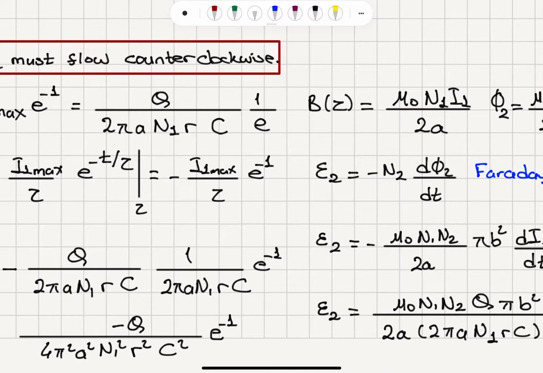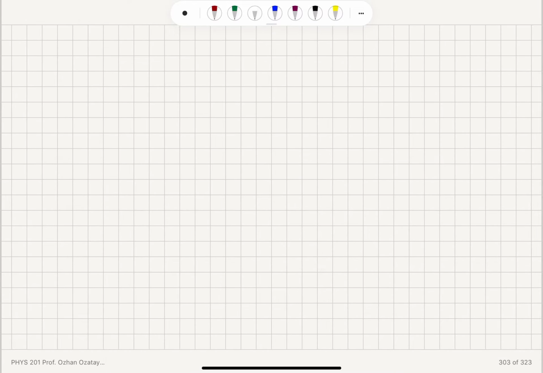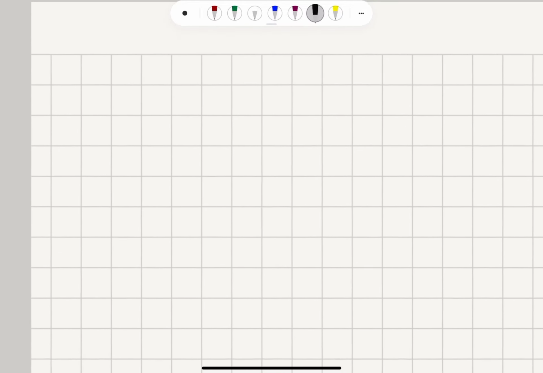So that's what I have here, (2 pi a N1 RC) squared, and the whole thing is multiplied by e^-1.